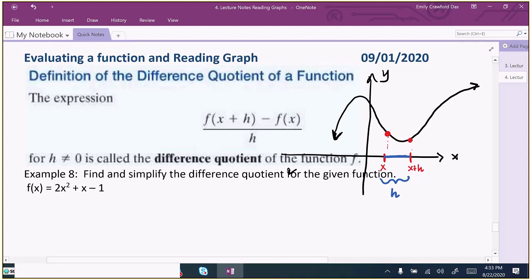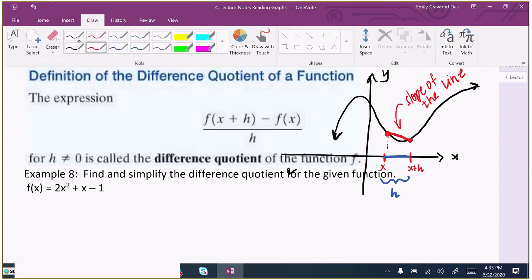So what do I mean when I say f of x plus h minus f of x and then over h? Well, I'm just finding the slope of this line. So the difference quotient gives us the slope of the straight line connecting any 2 points.